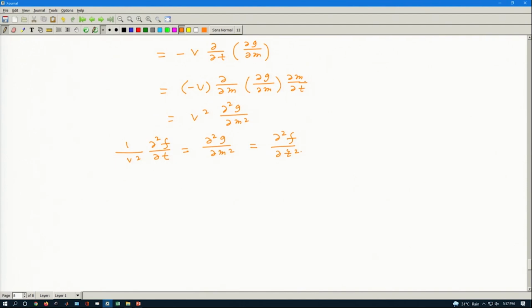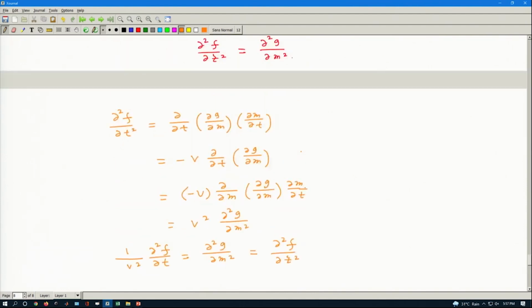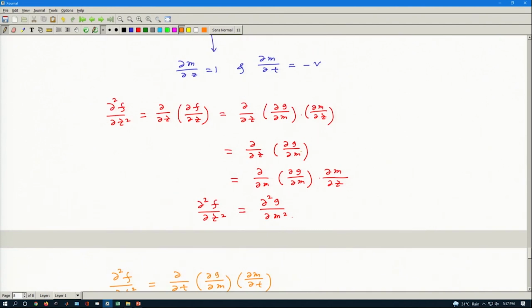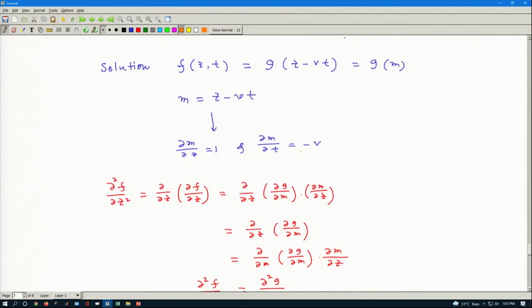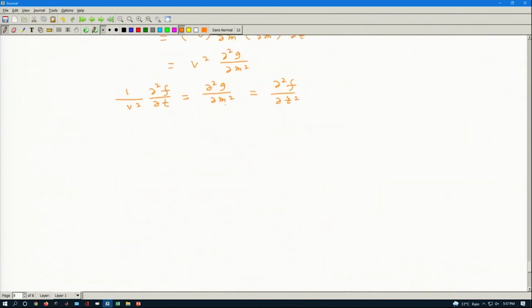That means that g(m) is a solution, because when I put g(m) in this equation, it satisfies the equation: 1 divided by v square d2f/dt square is the same as d2f/dz square, when I put the solution as g(m), where the argument m is written in this form z minus vt.